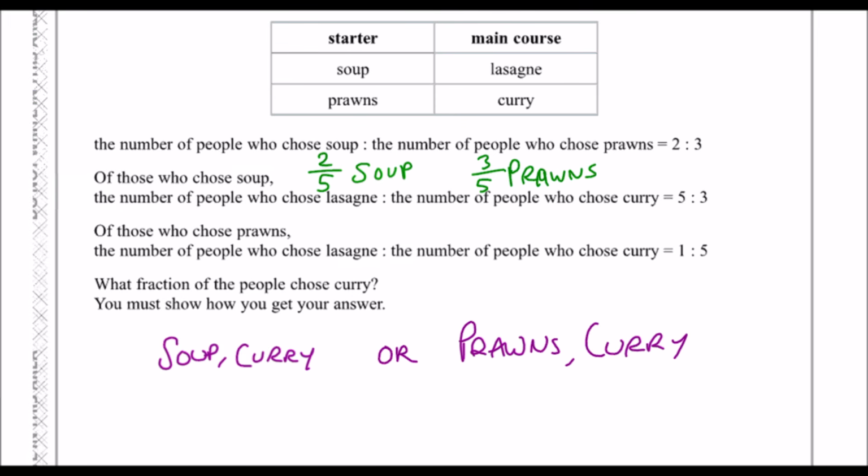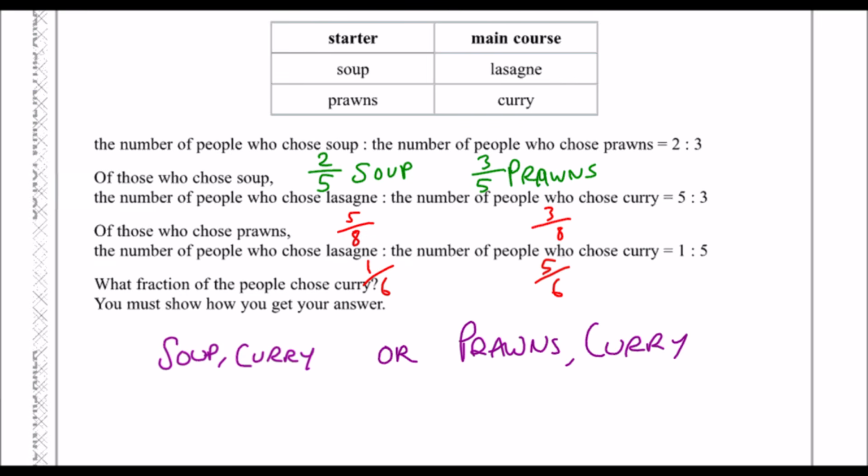Of those who chose soup, we've got 5 to 3. So it's 8 parts, so 5/8 and 3/8. And of those who chose prawns, we've got a ratio of 1 to 5. So there's 6 parts, 1/6 and 5/6.